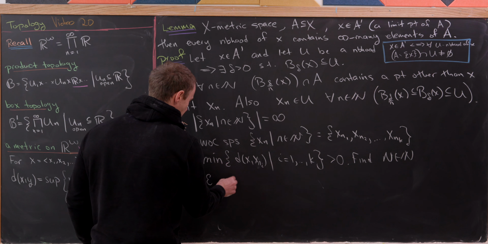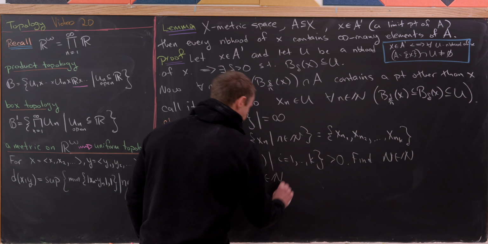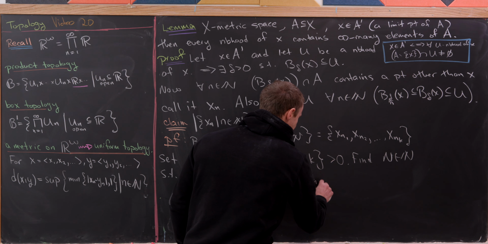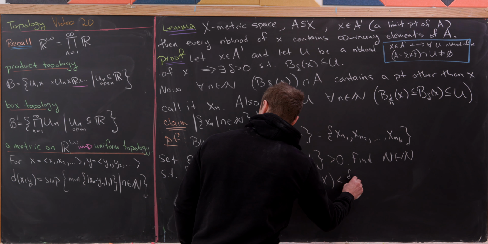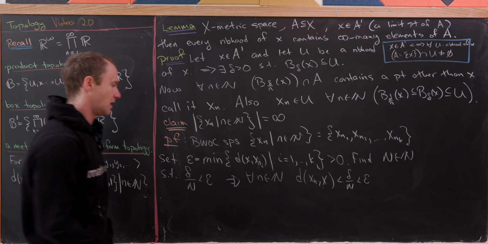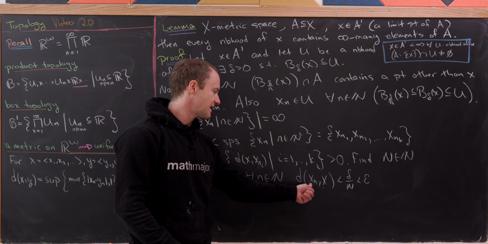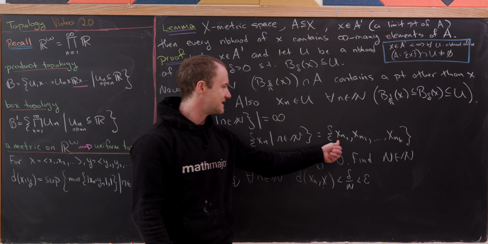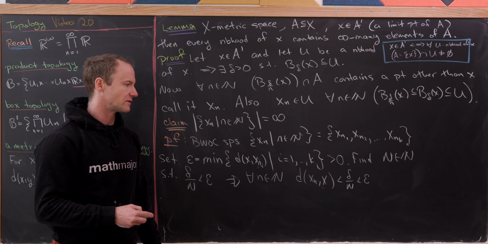But note, that means that for all little n bigger than capital N, we have the distance between xn and x is less than delta over capital N, which is strictly less than epsilon. But what did we just do? We found infinitely many points that are all closer to x than the supposed finite number of x's that we're allowed to have.